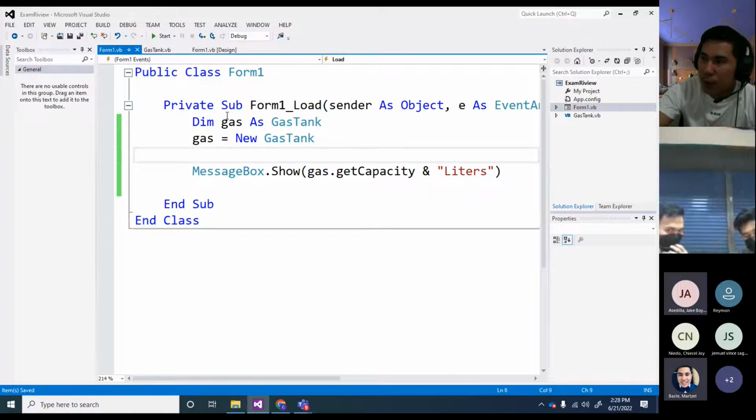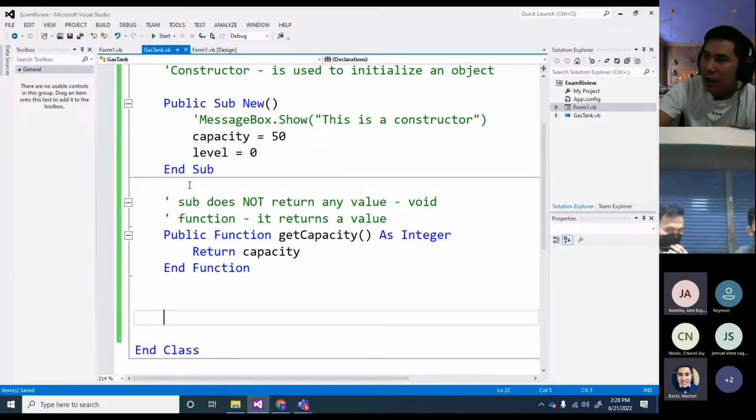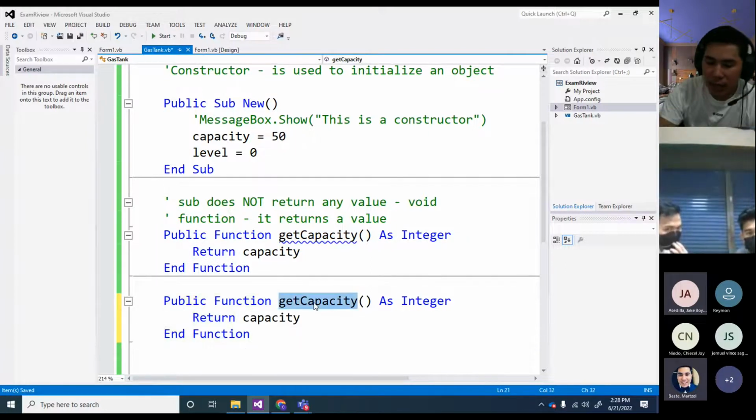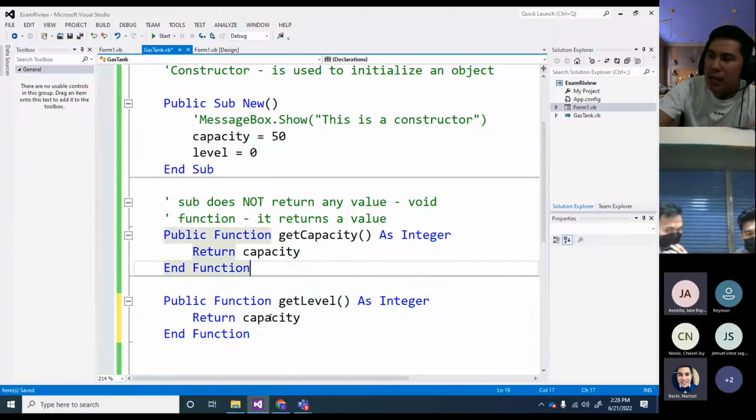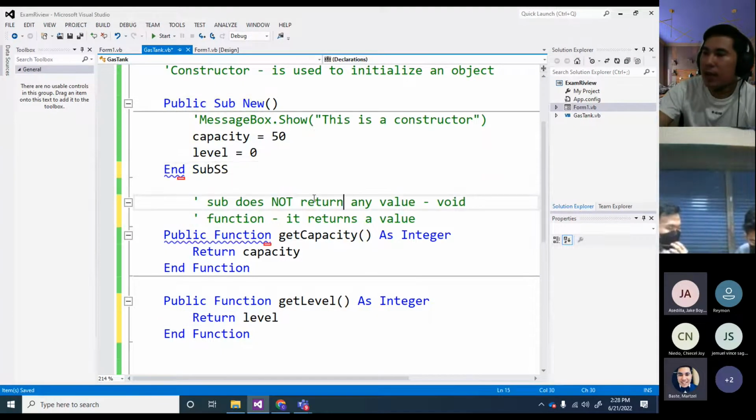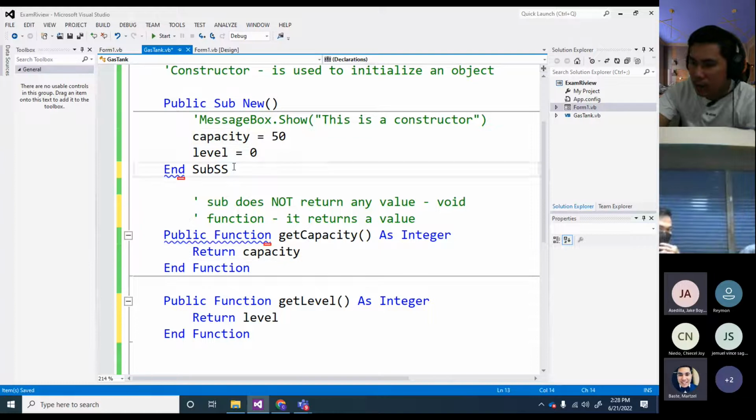Yan. So that's it. We can also get the level. So we'll just have to copy paste this one, and then let's say get level, or its current level of our tank. So let's have here level. Ayan.